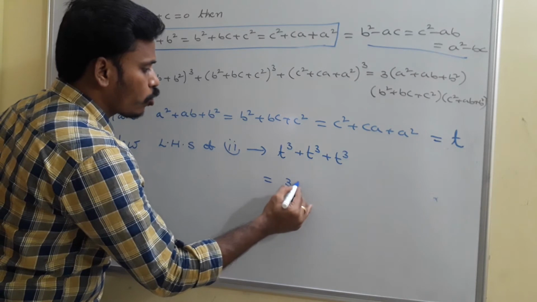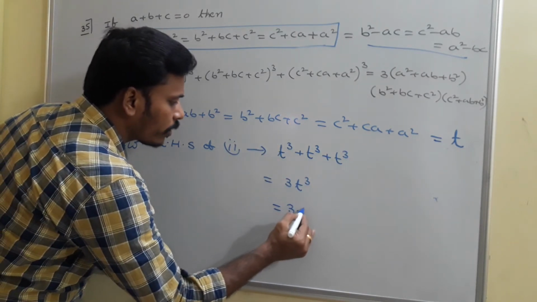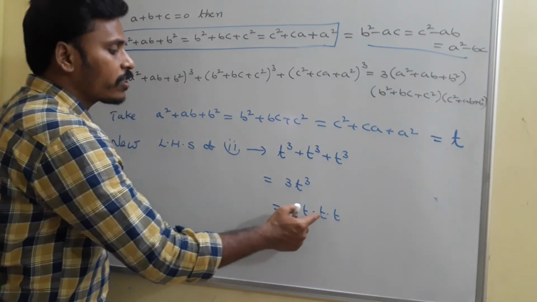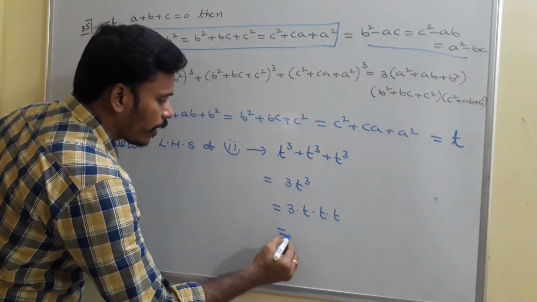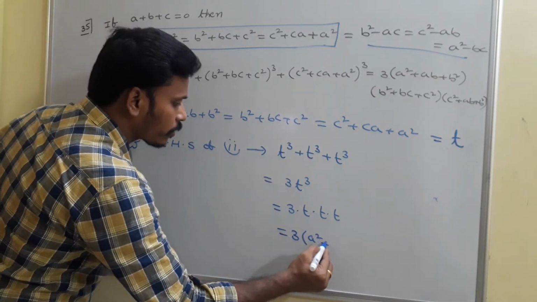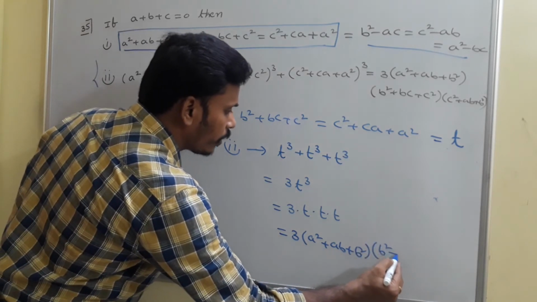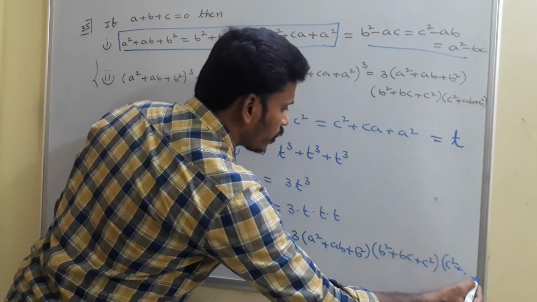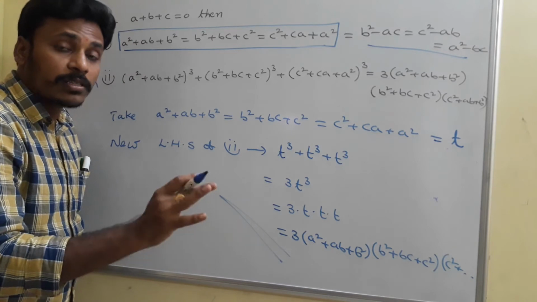T cube plus t cube plus t cube is 3t cube, and that 3t cube is nothing but 3 into t cube. So again I have a chance to replace this t with any one of these three. So if I replace first t with a square plus ab plus b square, second t with b square plus bc plus c square, and third t with c square plus ac plus a square, there ends the problem.